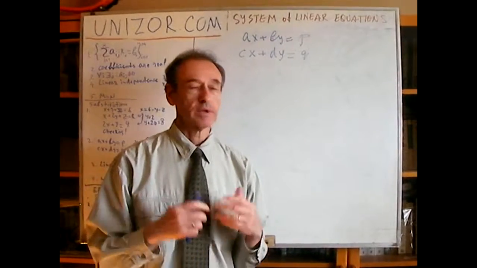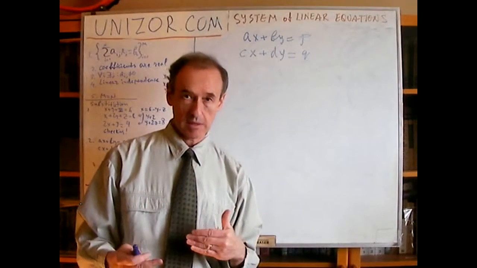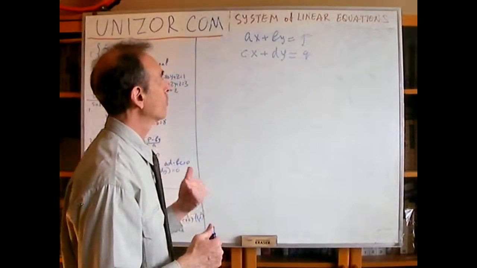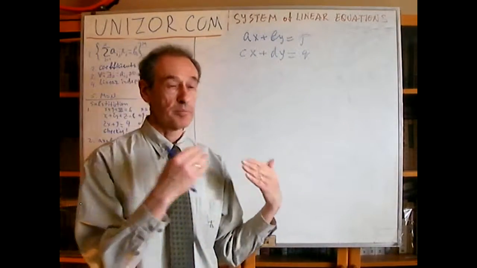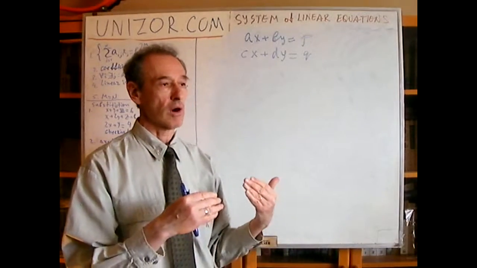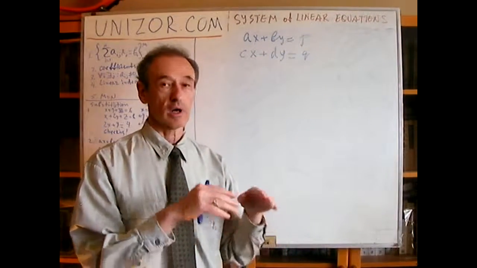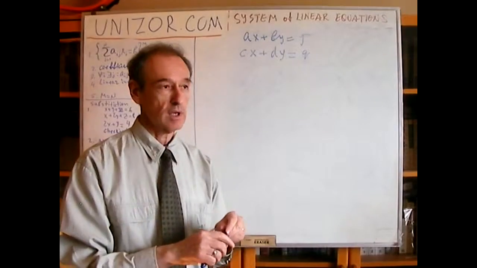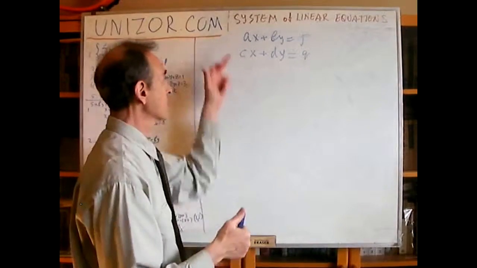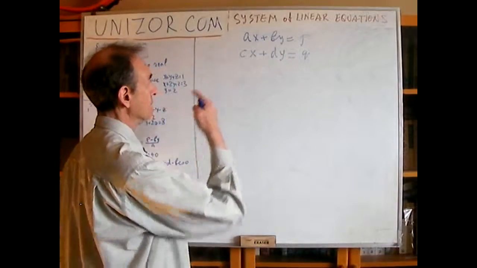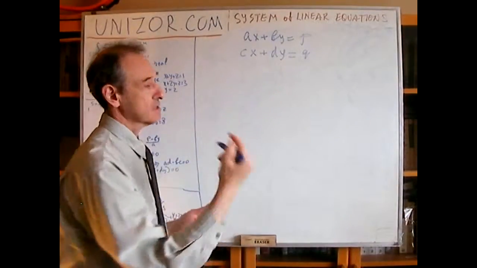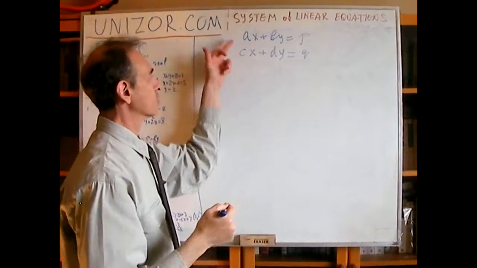Now, the question is, under what circumstances do you have these two lines parallel to each other, or intersecting each other, or coinciding with each other? Well, coinciding is simple when these two equations are exactly the same, or they can be factored.